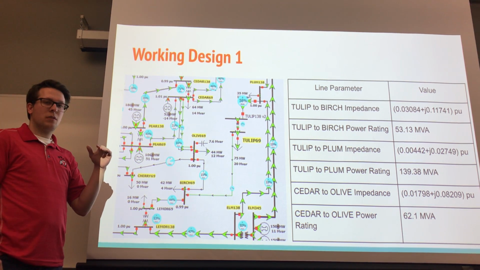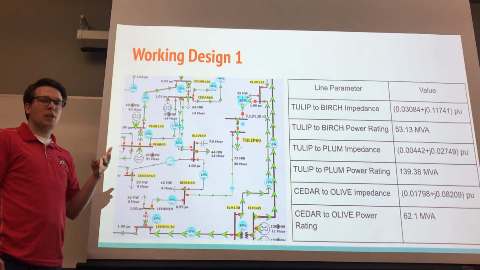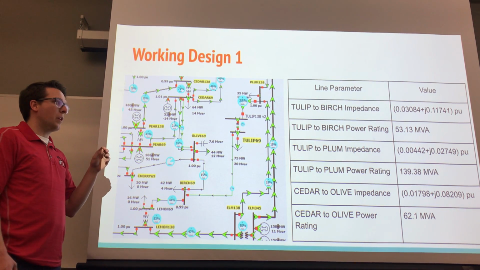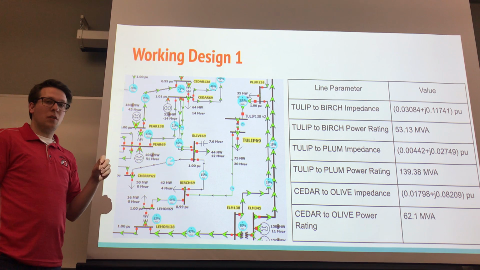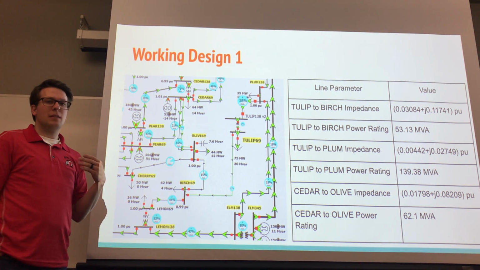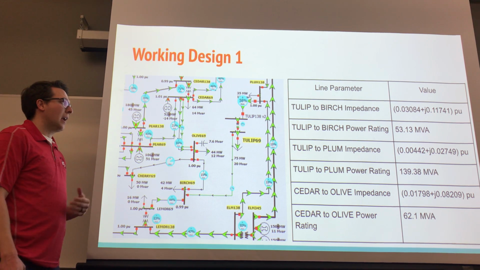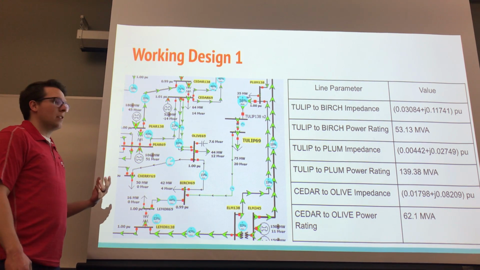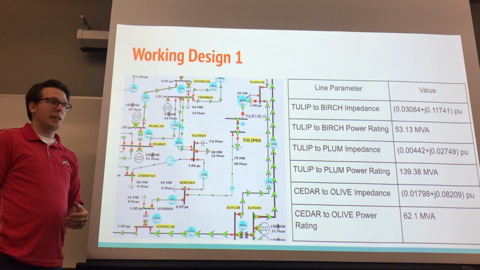We had three options out of the 69 we could use, and the 53.13 MVA was the middle best one. We use this one ultimately because it does cut down on cost, and the feeder is still able to operate under all contingencies.